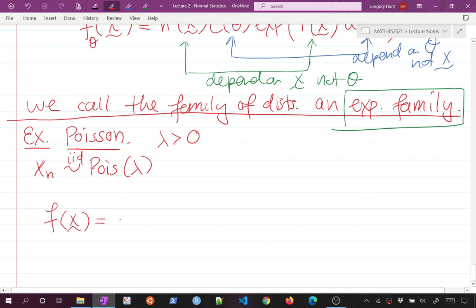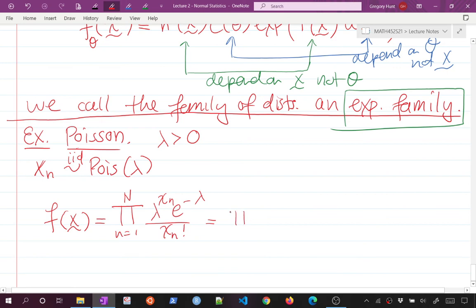It's the product of my marginals, and the marginals follow Poisson, right? So it's lambda to the x_n, e to the negative lambda, over x_n factorial. That's what each of the marginals is, and if I want the joint, I just multiply them all together because they're independent.